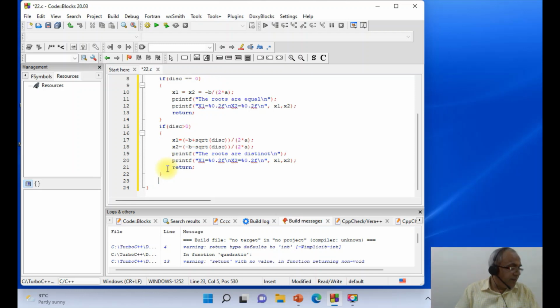Then it comes to else. You take x1 equals minus b divided by 2 star a.